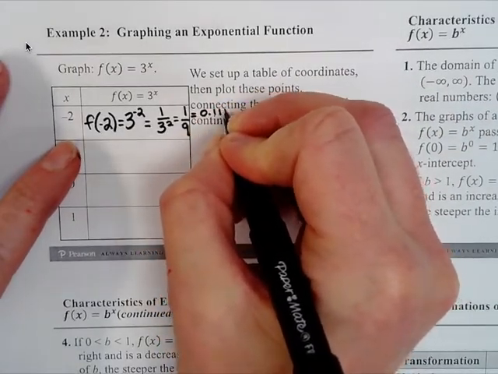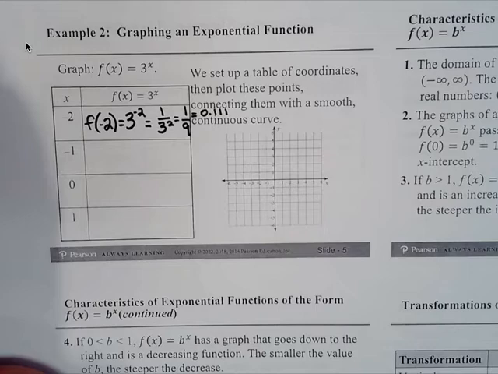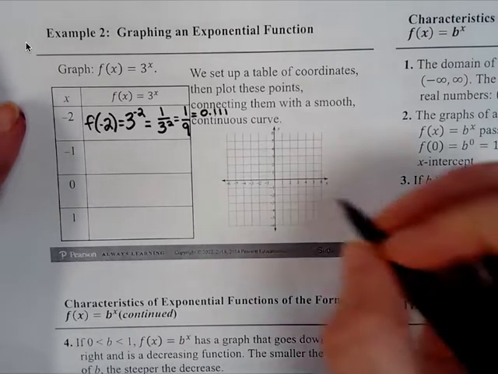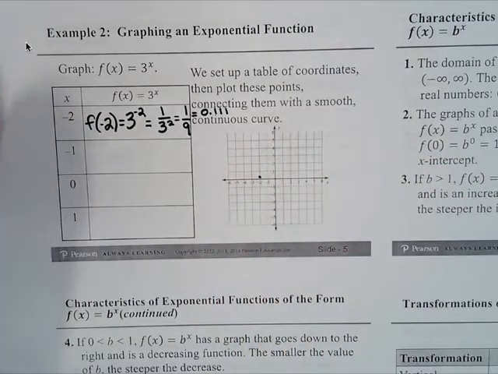Y'all remember? 0.1 repeating. So negative 2 is at 0.1. So I'm just going to put a little dot where I think it is. Negative 2 and then up to 0.1.